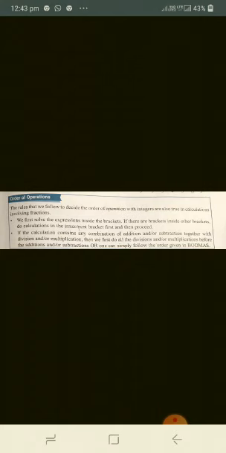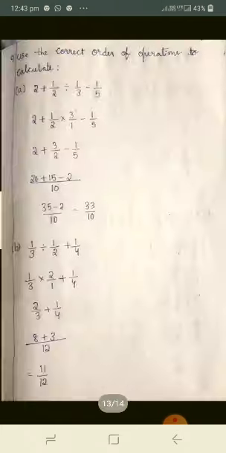If the calculation contains any combination of addition and/or subtraction together with division and/or multiplication, then we first do all the divisions and/or multiplications before the additions and/or subtractions, or one can simply follow the order given in BODMAS.